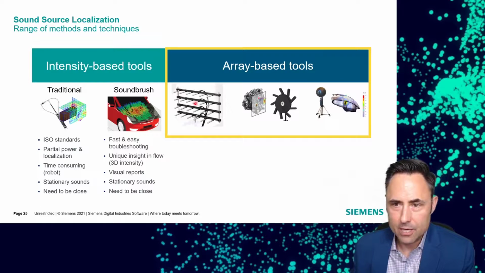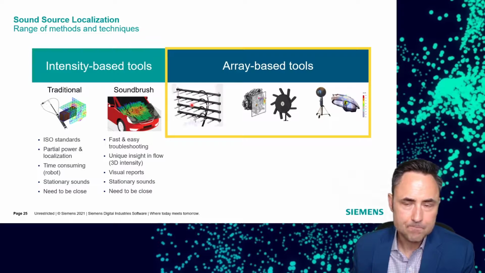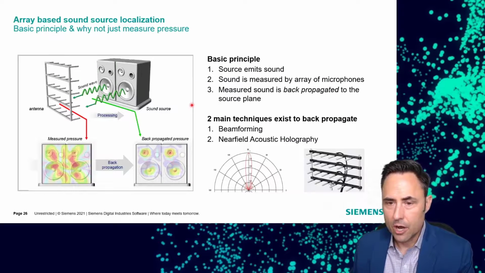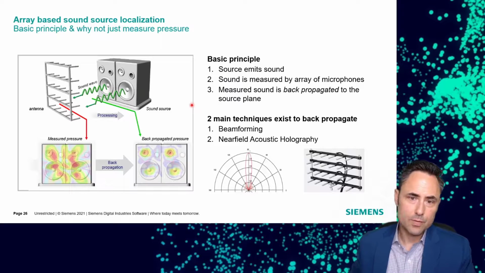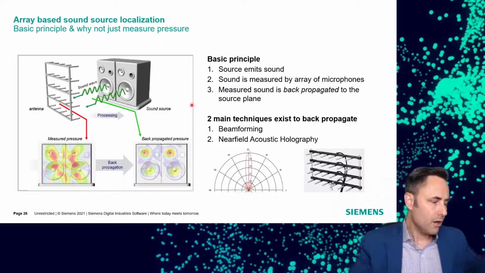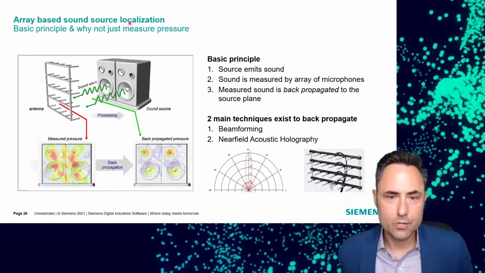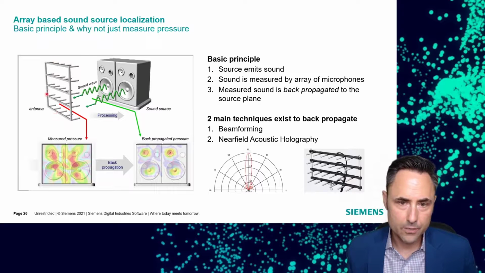Now let's talk about the array-based tools we have. Okay, and these are all relying on the same sort of principle here. In all cases, we have some sort of antenna where we have a bunch of microphones, measurement being taken over here. And this is our sound source.